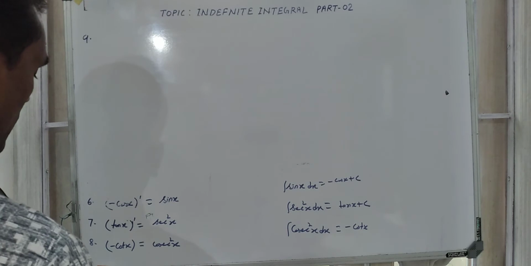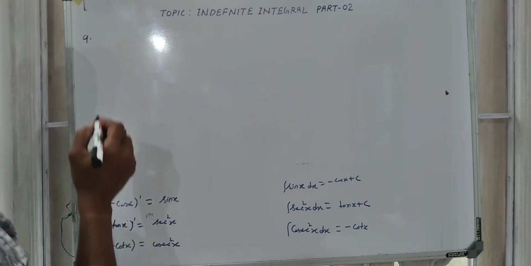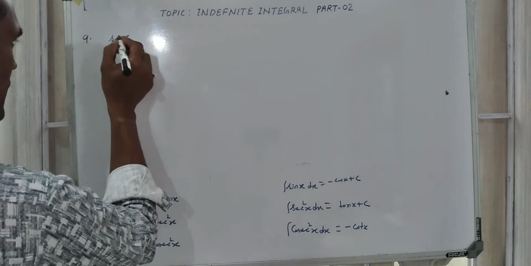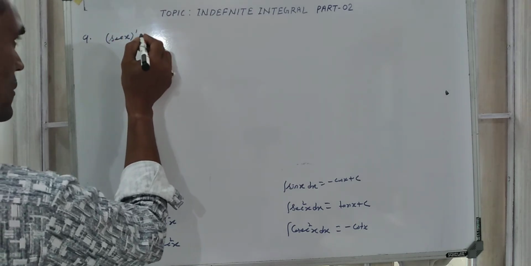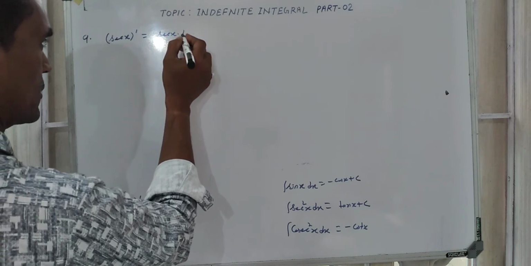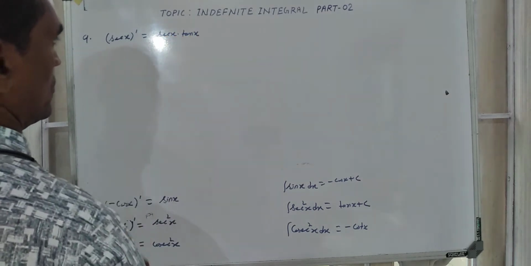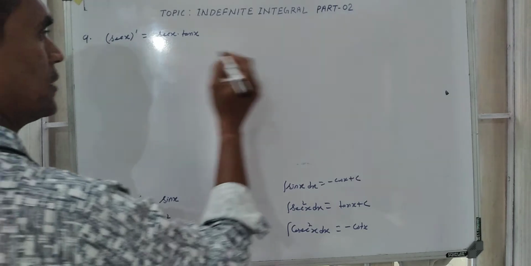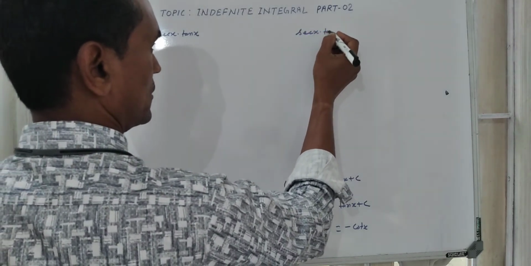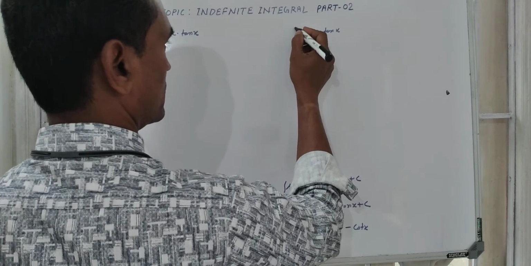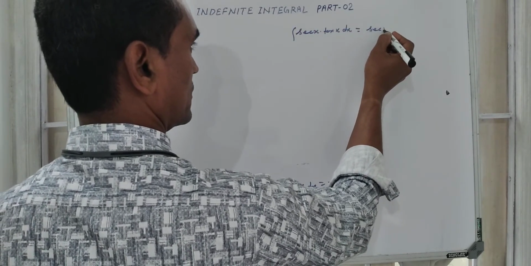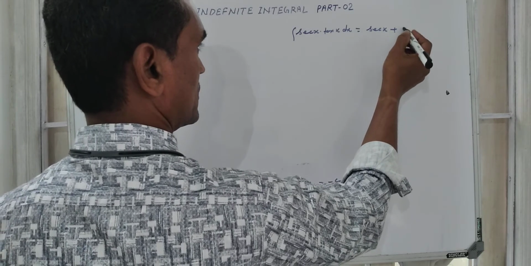Now derivative of sec x is sec x into tan x. So obviously integral of sec x into tan x is sec x plus c.